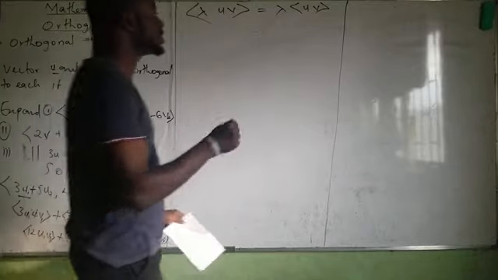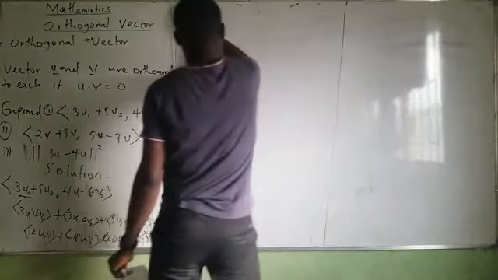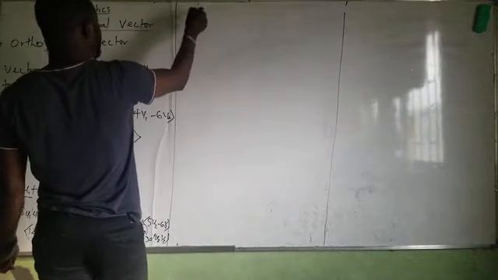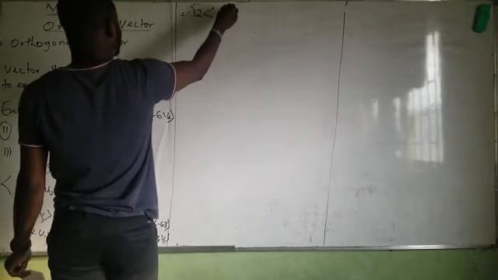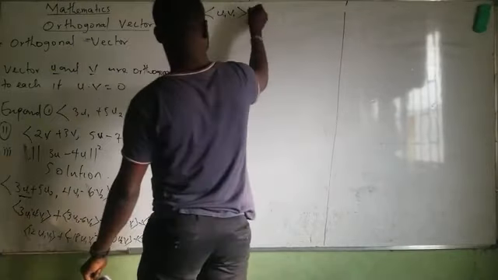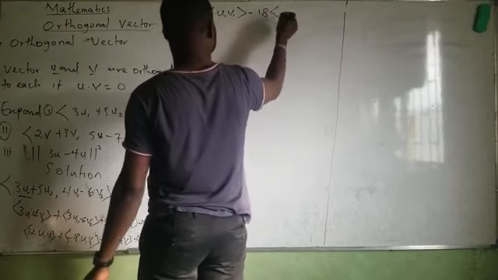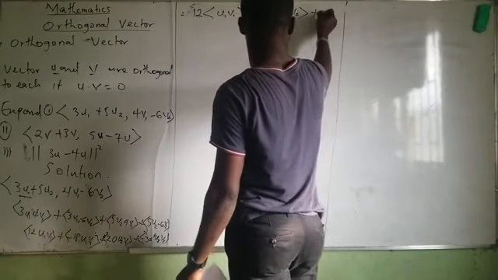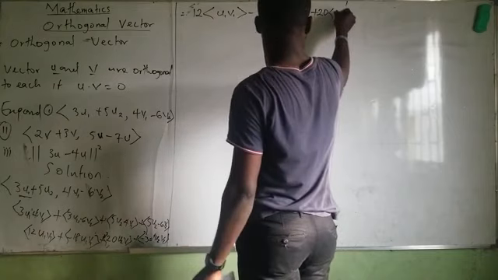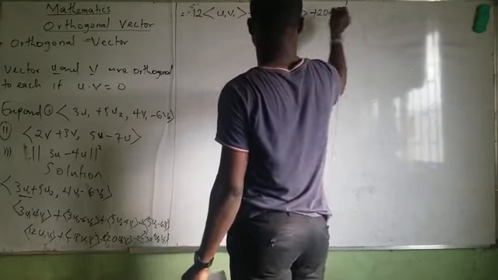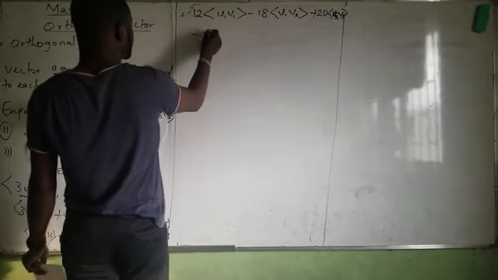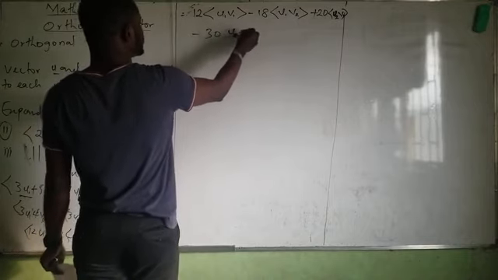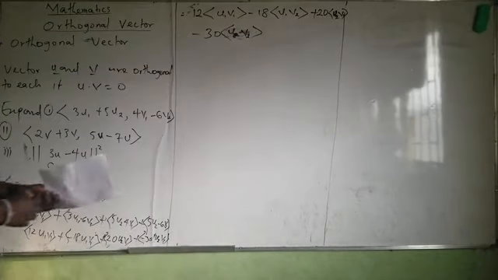Since that is the case, which is the property I stated when I was defining inner product space, it means I can say that 20 u1 v1 and 18 I have u1 v2, and also I can say that plus 20 I have u2 v1 and minus 30 v2 u2 v2. Now that is what I'm trying to talk about here.